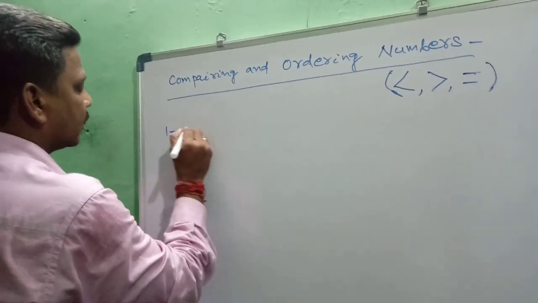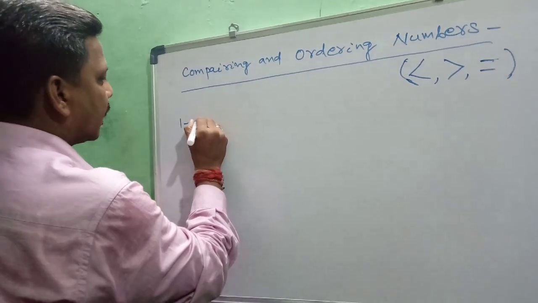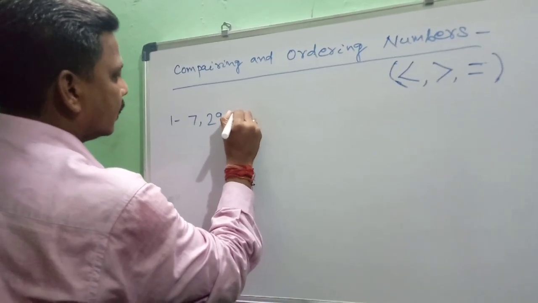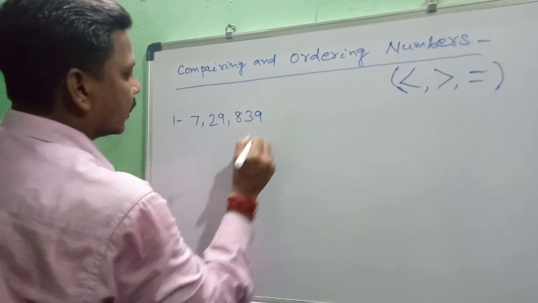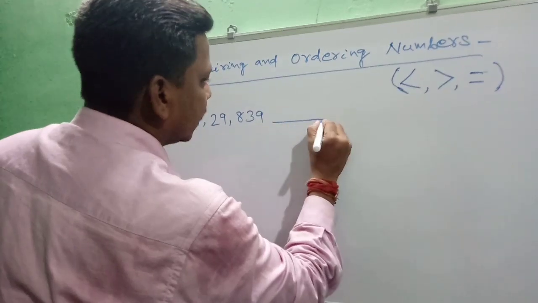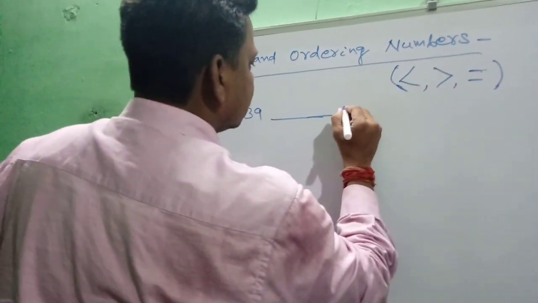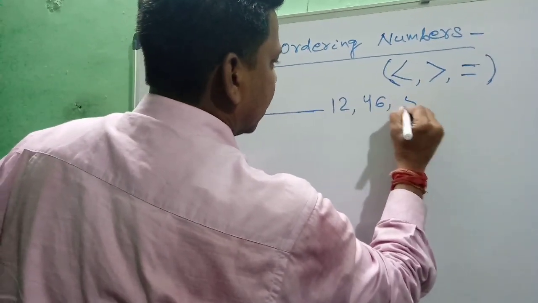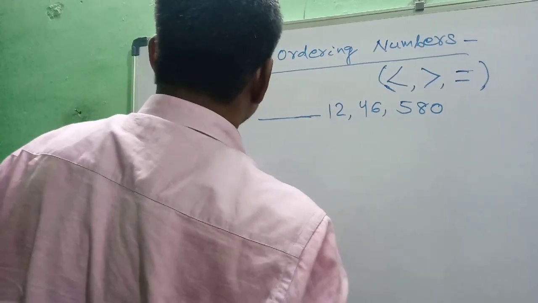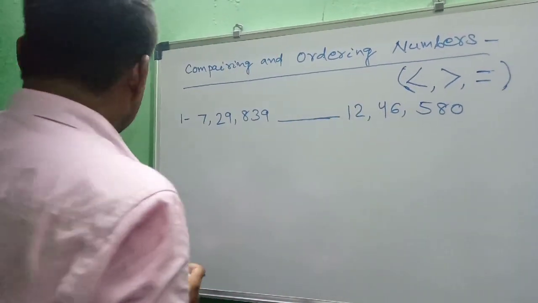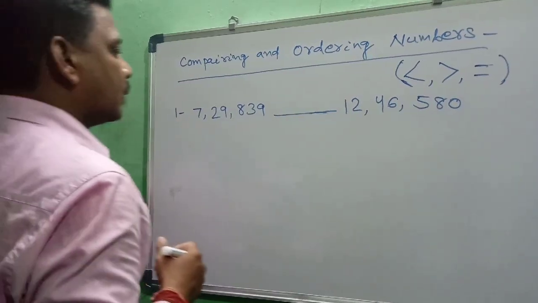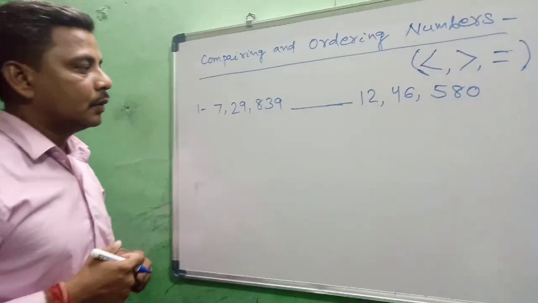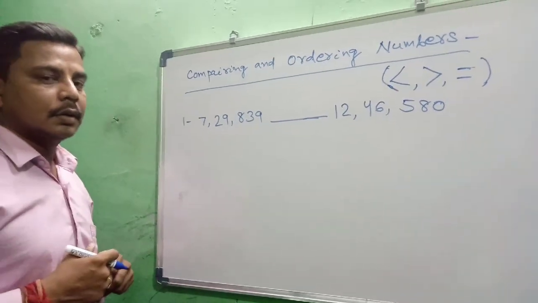In our first situation, here I have written 7,29,839, and another number is 12,46,580. Our first rule says we have to count the number of digits, so we have to count both the numbers.